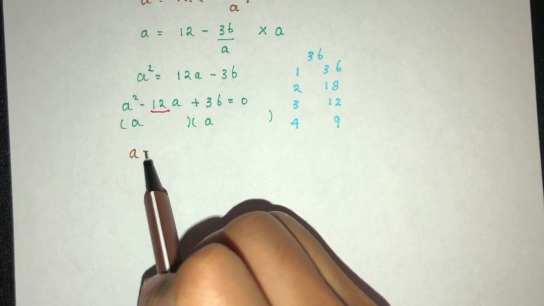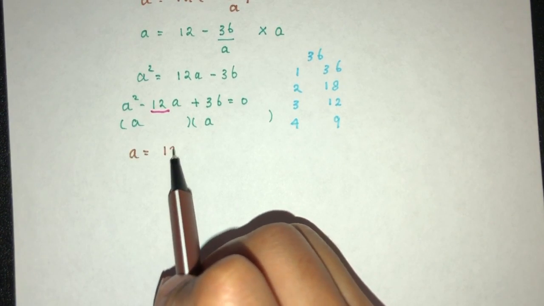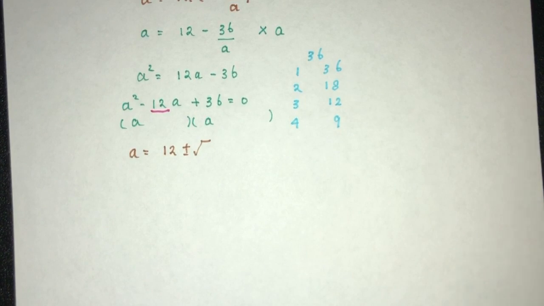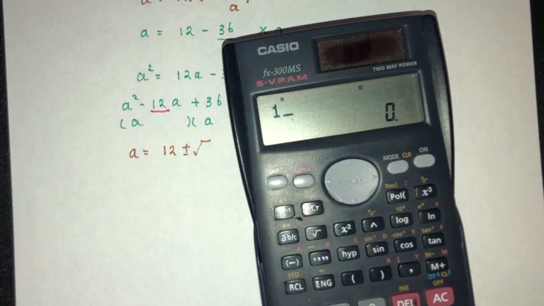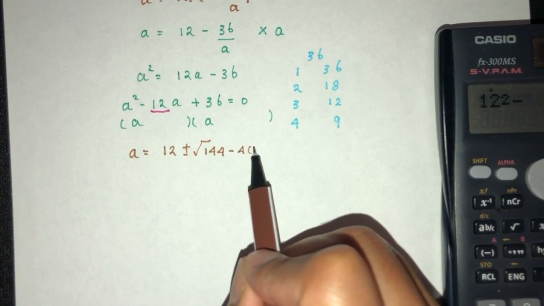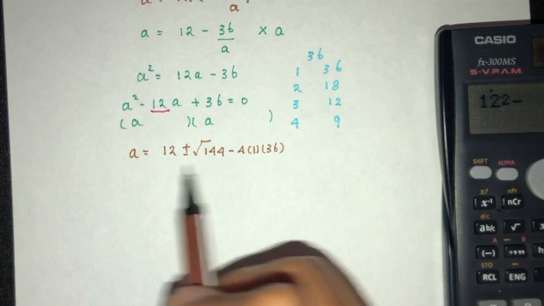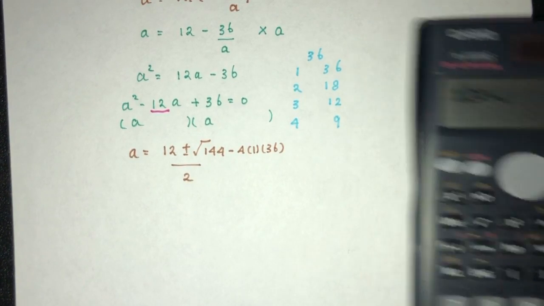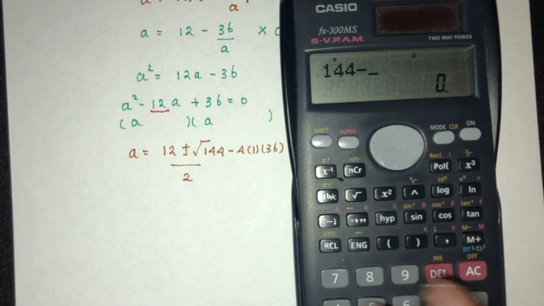So a has to be minus b plus or minus the square root of b squared, which is 12 squared, 144, minus 4 times a times c, divided by 2a, which is 2. So 144 minus 4 times 36 should be 0.